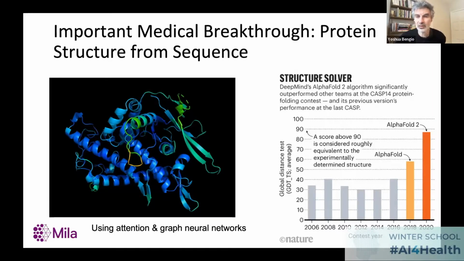So you can see in the figure on the right, progress in the CASP contest to predict 3D structure, not making really significant advances until the first version of AlphaFold, and then the one from 2020 has really broken the record. Not only just broken the record, but gotten pretty close to the accuracy we can get experimentally with crystallography.